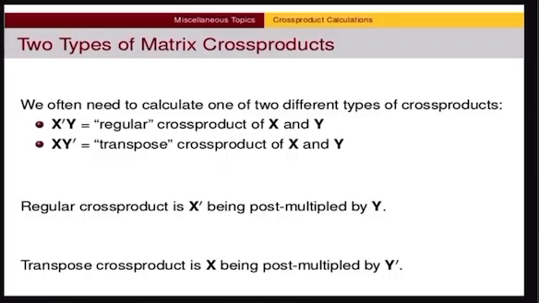A cross product has to do with having a matrix and another matrix, and multiplying the matrix by the transpose of the other one. This particular cross product can be found in covariance. If you look at the formula for covariance, the cross product is taking place.